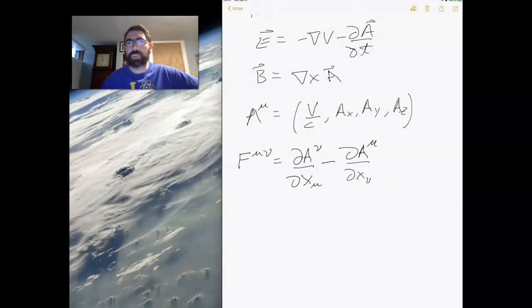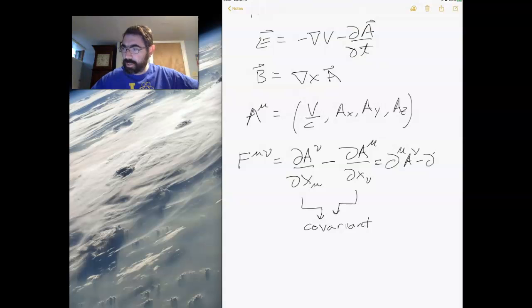And so what you should notice right away is that these terms in the denominator are covariant. So in the end, these are covariant in the denominator, which really means they're raised operators. And so this is not a dot product. Instead, it's kind of easier to see if you write this as this right here.